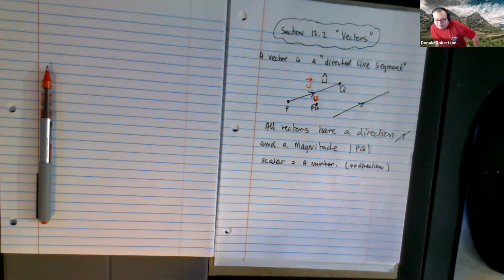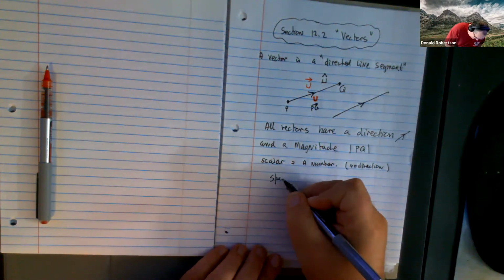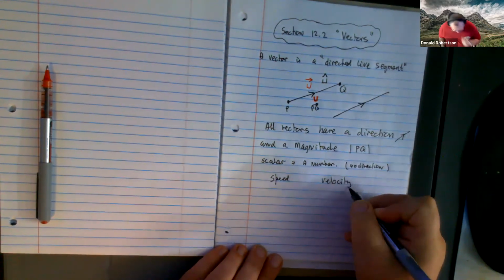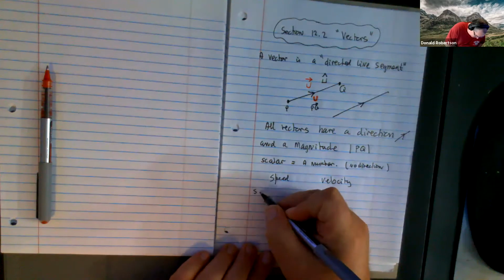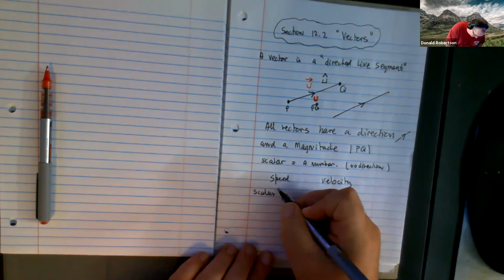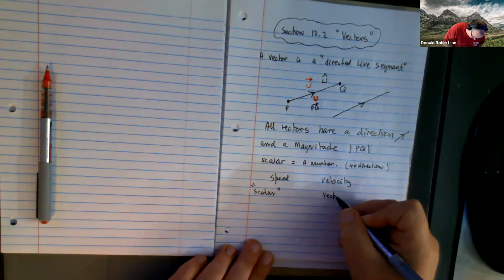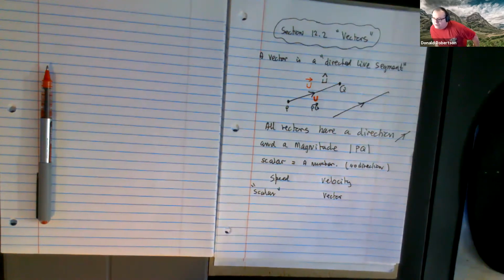So if you're being lawyer-esque about it, and I use two words to describe the motion of a car: if I tell you it's speed, that's scalar. If I tell you it's velocity, that is a vector. Are you aware of the difference between scalar and vector?